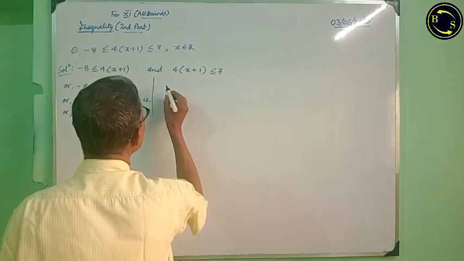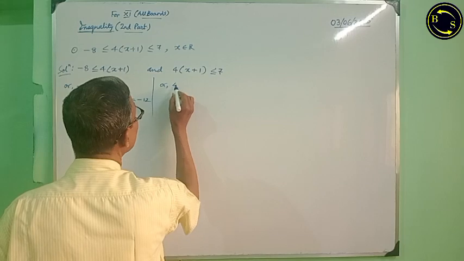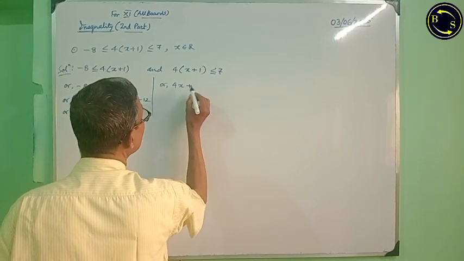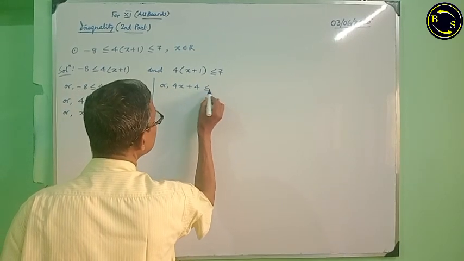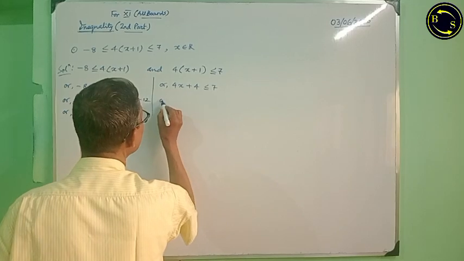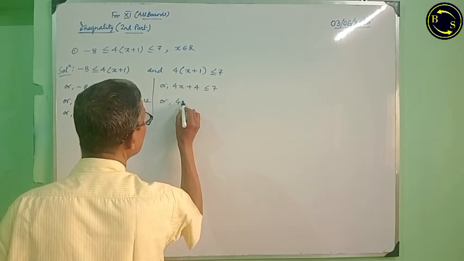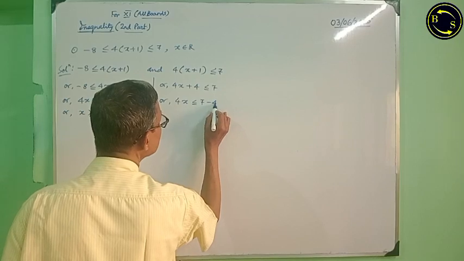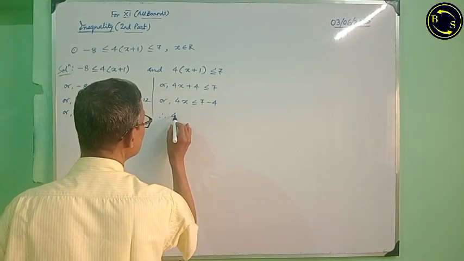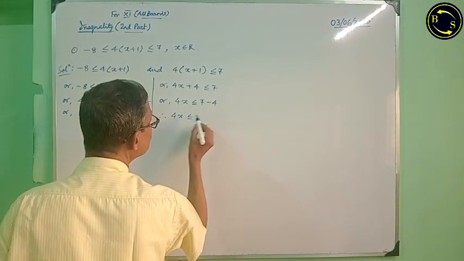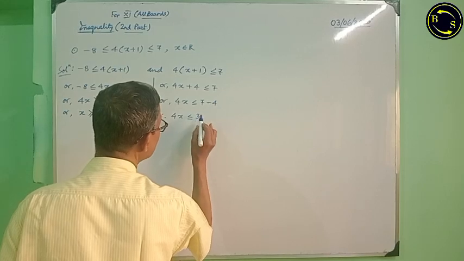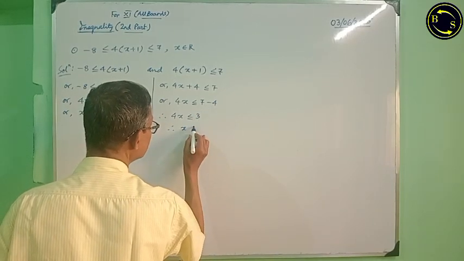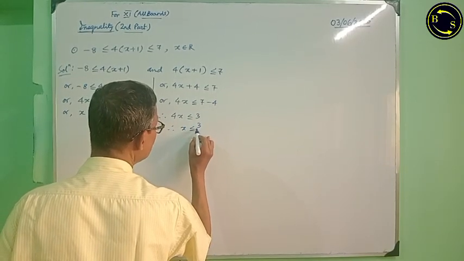and from it 4x plus 4 less than or equal to 7, or 4x less than or equal to 7 minus 4, therefore 4x less than or equal to 3, therefore x less than or equal to 3 by 4.